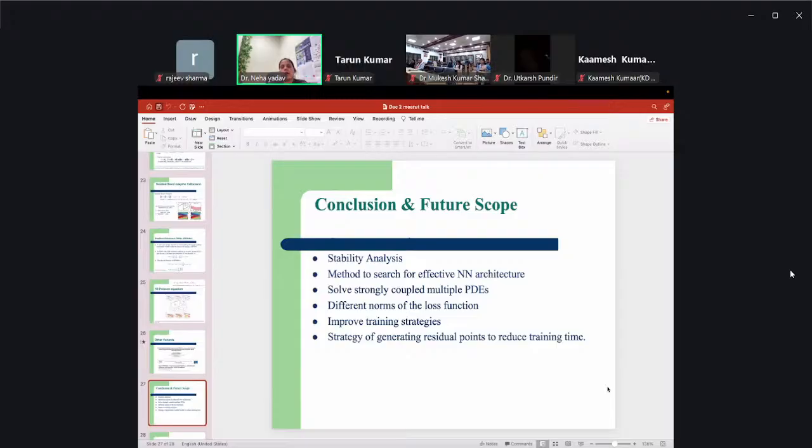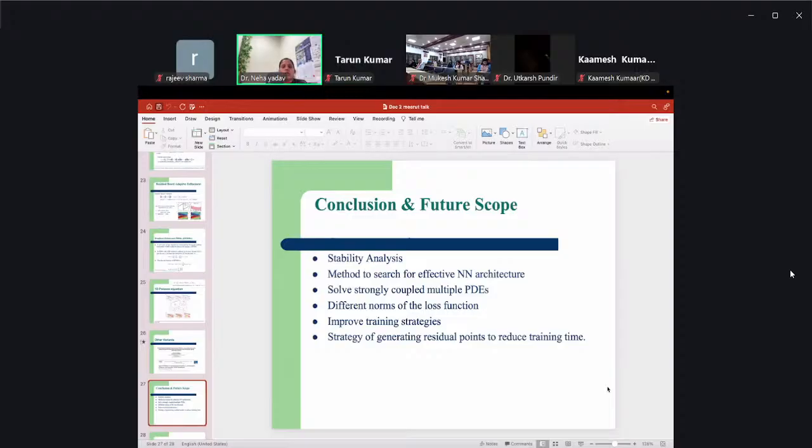One can also apply PINNs to more complex, strongly coupled multiple PDEs, to see whether PINNs, GPINNs or any of these variants can deal with such complex problems. And one can think about improving the training strategies in neural networks apart from LBFGS, Adam, and other optimizers.